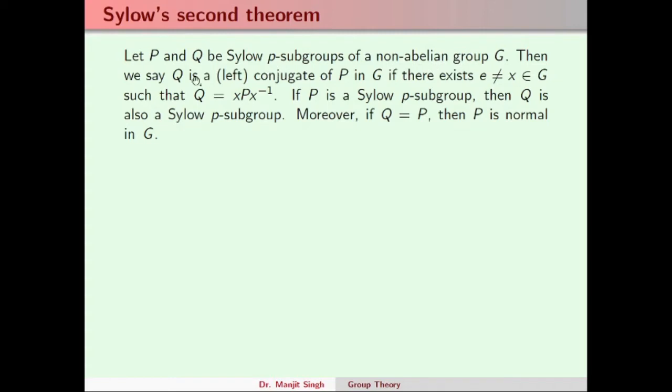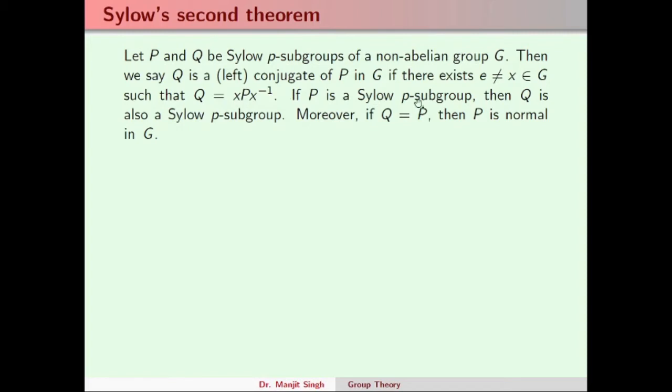So a subgroup Q is said to be a conjugate of P in a group G if there exists an element X in G such that Q can be written as XPX inverse. So Q is said to be a conjugate of P if we can write Q in such a way.